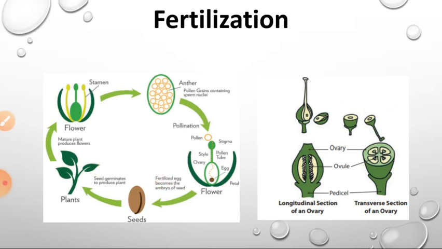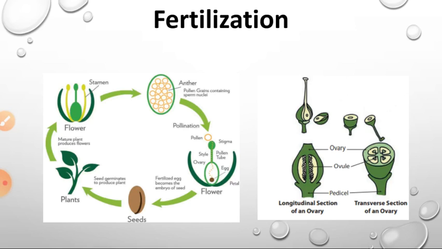That process is known as seed germination. So what is the fertilization process? Pollen reaching from the stamen, the male part of the flower, to the stigma, the female part, is known as pollination. After pollination, from the stamen we get pollen grains, and those pollen grains reach the ovary.